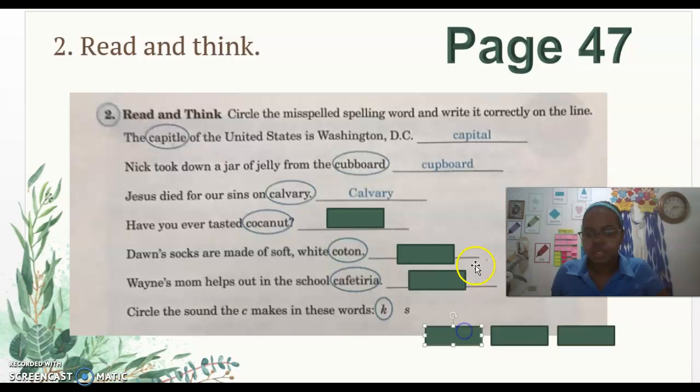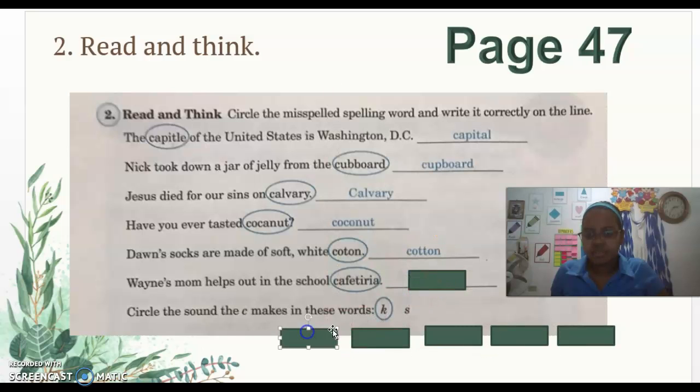So cupboard, coconut, cotton with double T, and cafeteria. So you're going to write the correct word in each one of the lines. Next exercise.